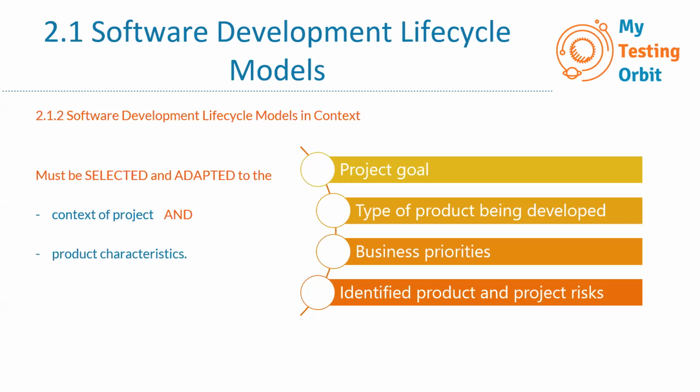Then we can highlight that it's a risk to go live with these critical bugs. It will affect the quality of the product. So we have identified a product risk.